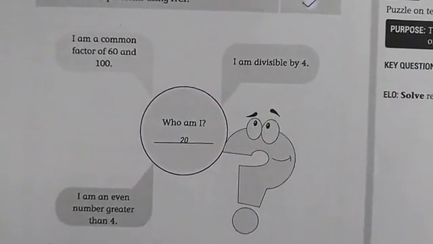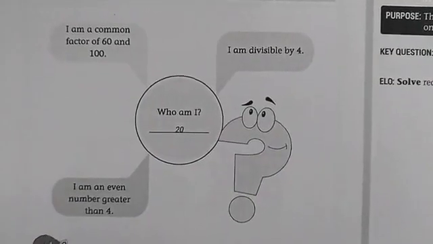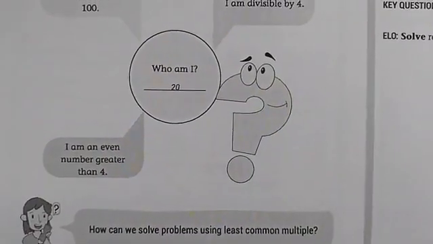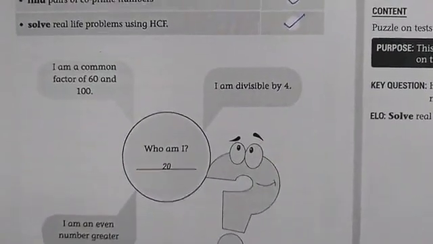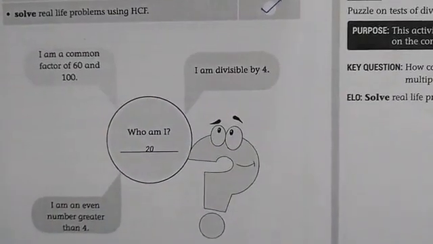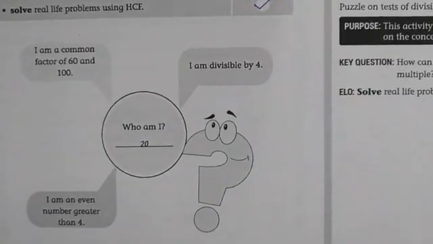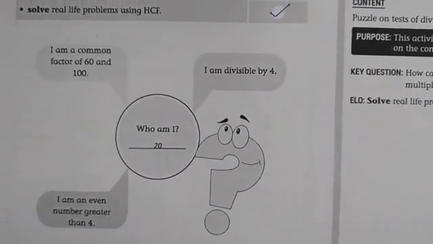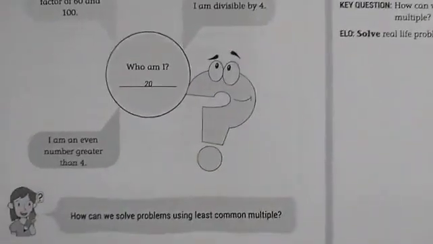I am a common factor of 60 and 100. I am divisible by 4. I am an even number greater than 4. Who am I? So 60 and 100. What do we have to find? HCF.